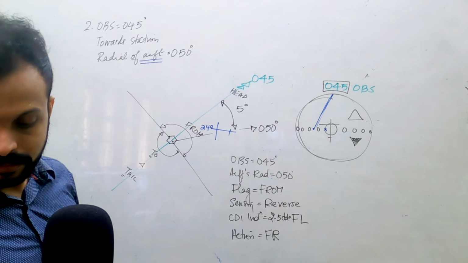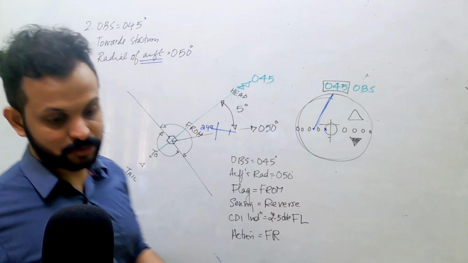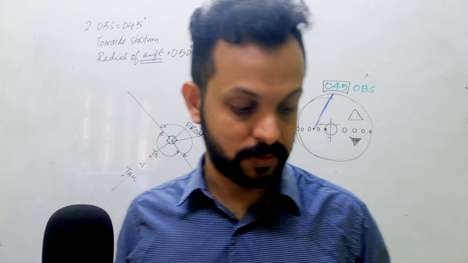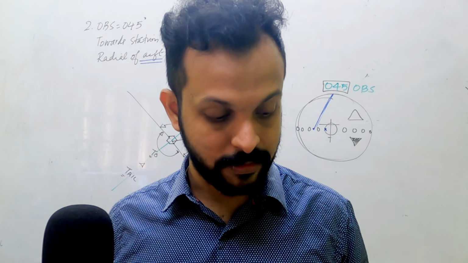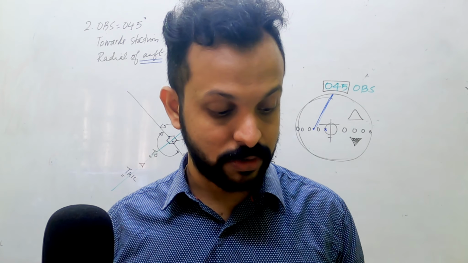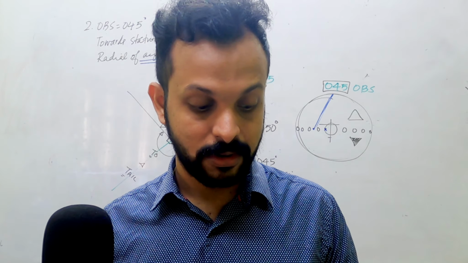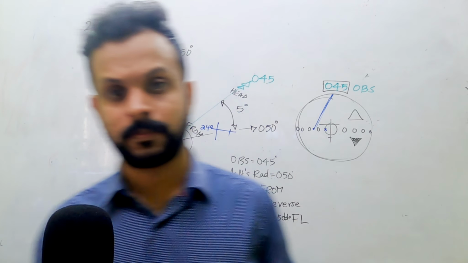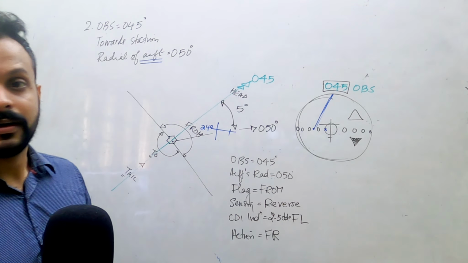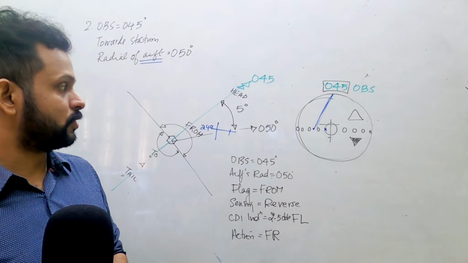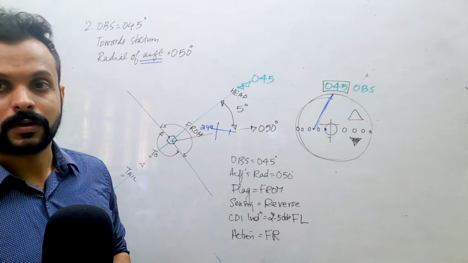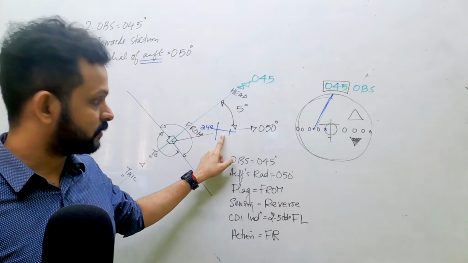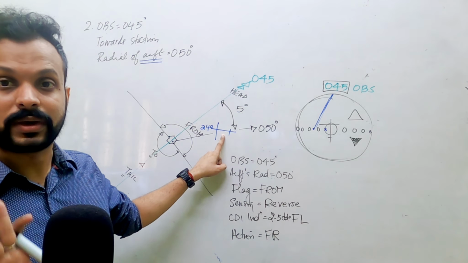Is it clear? So what is asked in this question is the type of sensing, which is reversed. CDI is fly left by 2.5 dots. Flag indication is from, and to which side should the aircraft turn to make CDI centered? Fly right. I have to fly right. Now I'm just curious to know, if I want to center the CDI, my current position is here, how can I center my CDI?